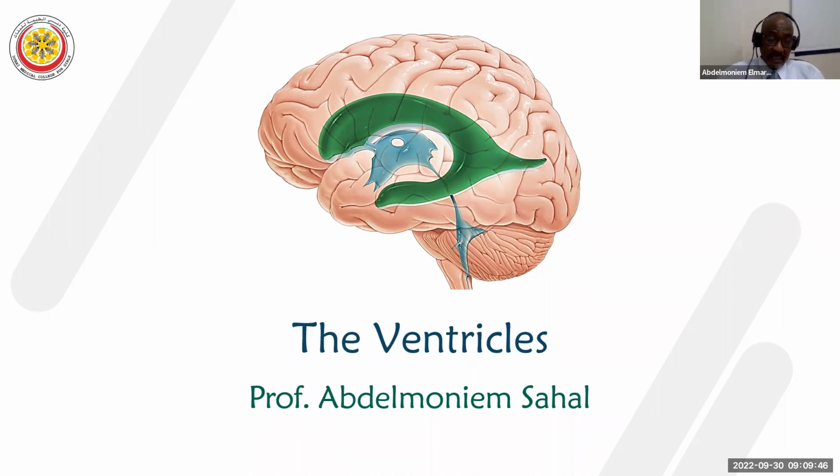Why am I talking about the meninges while we are discussing the ventricles? Do we need to know any background information about the meninges? Why are they related to the ventricles? What is the relationship between the ventricles and the meninges?